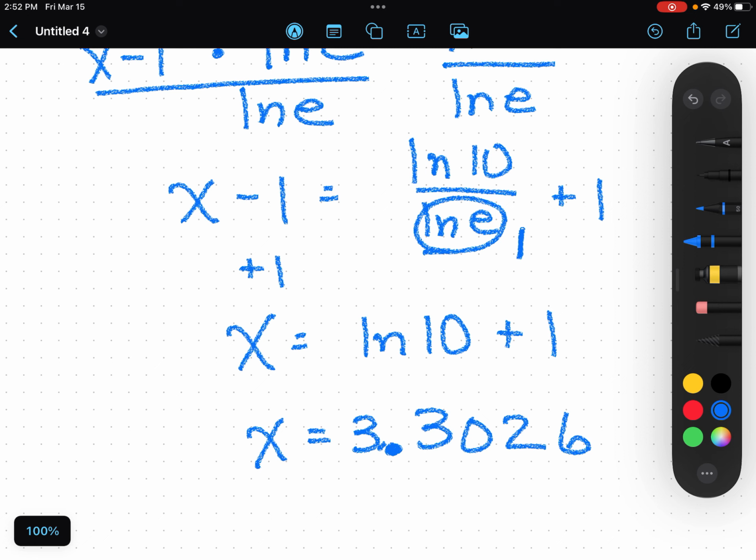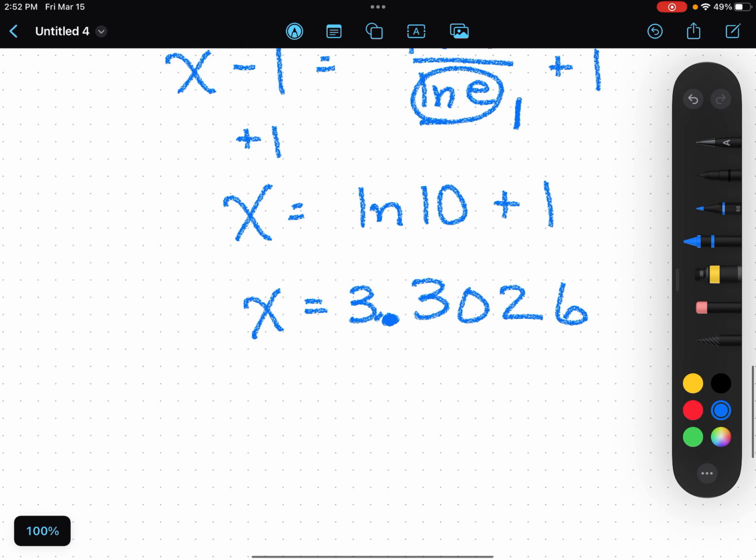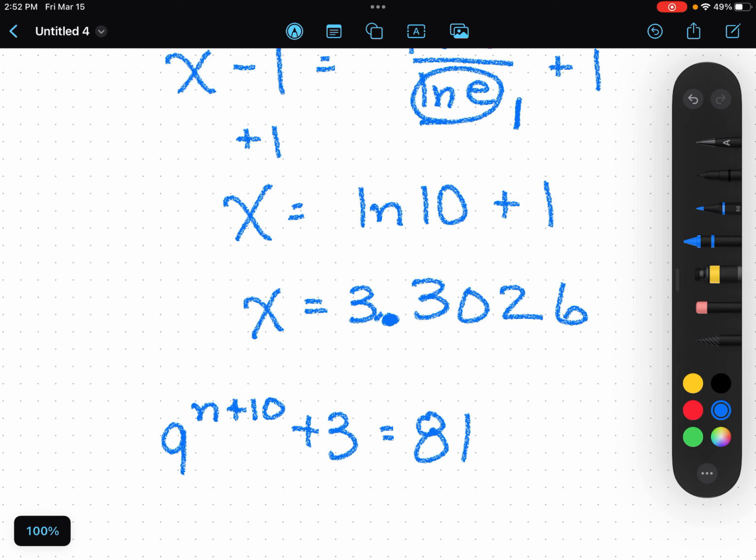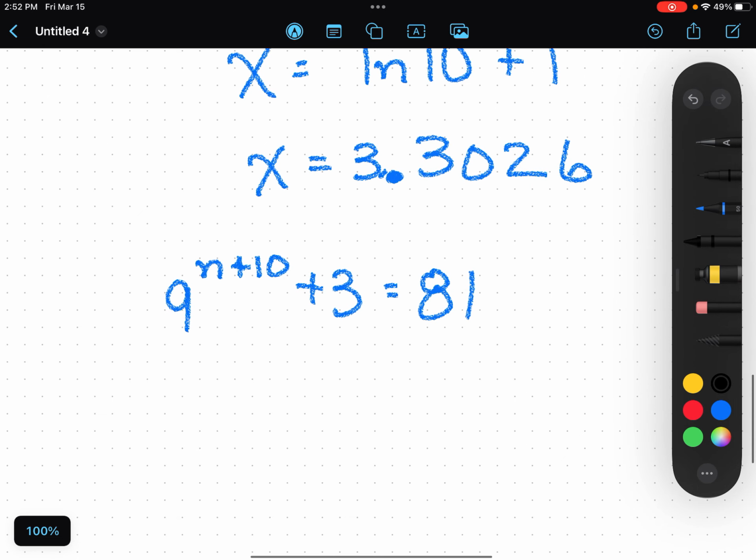If it's not an e, like for instance, if it's a 9, then we log both sides instead of natural log. So again, the first thing we would do here is subtract the 3.